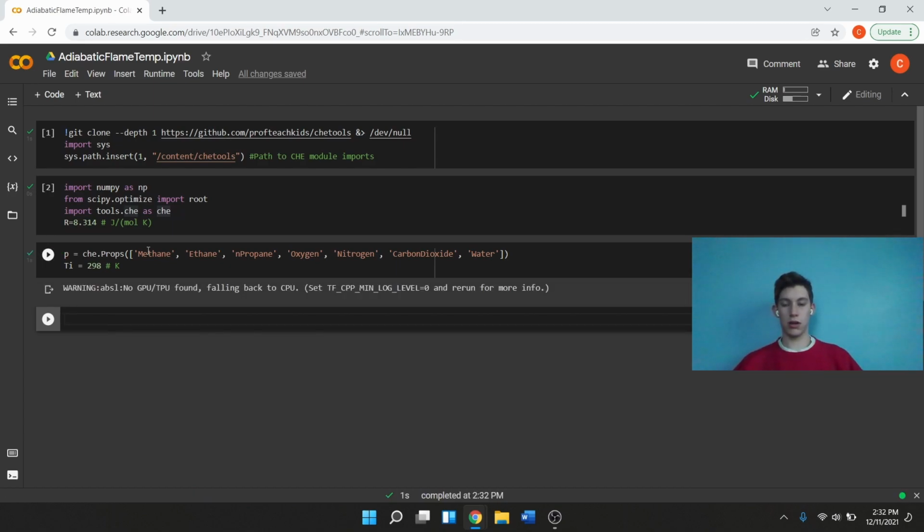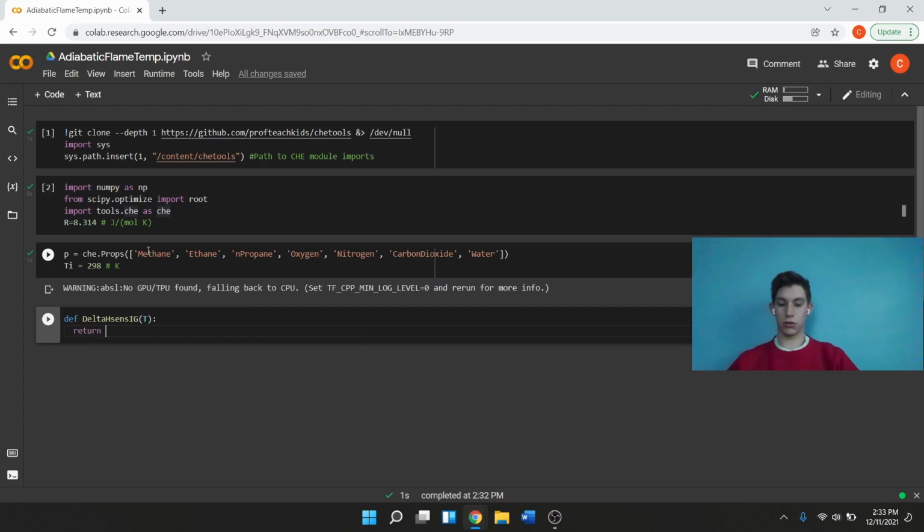So next we can create a function for the specific heat equation that we integrated. This represents the sensible heat change, and call it this for the ideal gas, with one parameter being temperature.